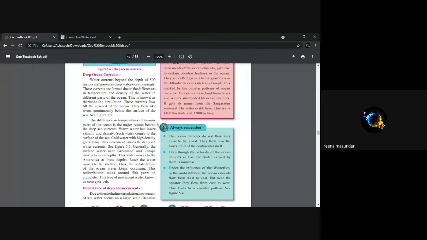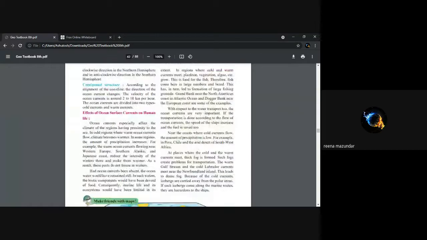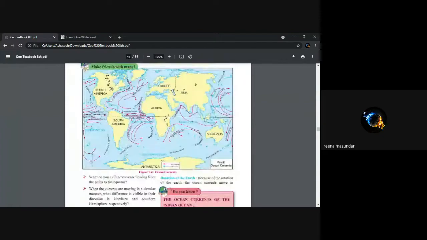Next. The ocean currents do not flow very close to the coast. They flow near the lower limit of the continental shelf. Now let us see. The currents all flow near the continental shelf everywhere. See, this is the continental shelf of the Indian Ocean. We have the continental shelf over here, Mumbai High at Mumbai, isn't it?